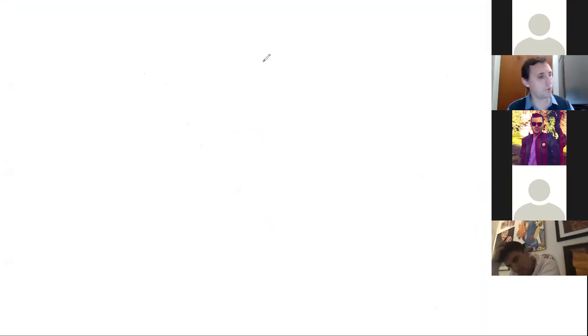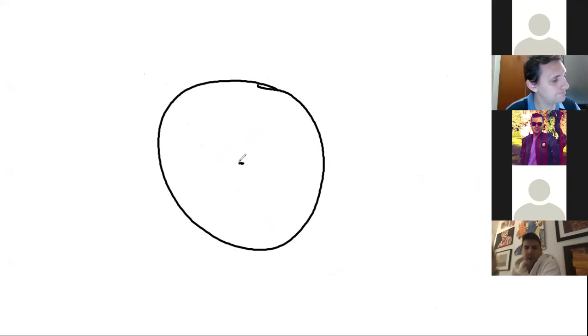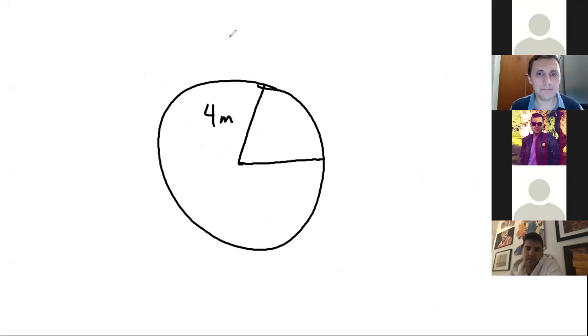I want to know the following information, right? So suppose that I have a circle, and it happens that the radius is 4 meters. Yes, the radius is 4 meters, and then you look at it and you measured this and you found this to be 2 meters.